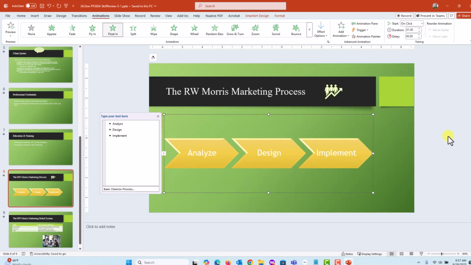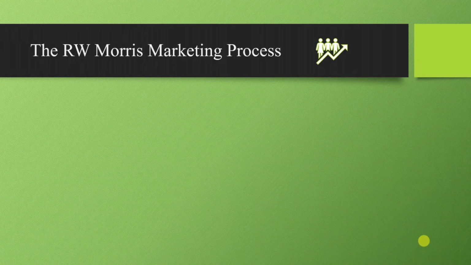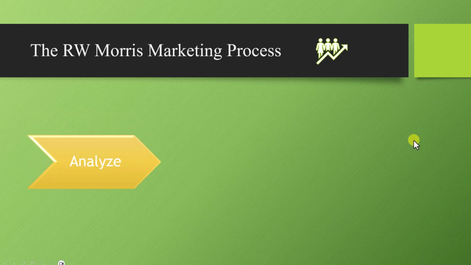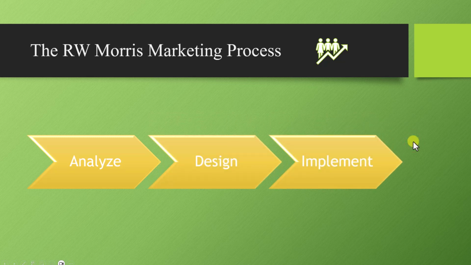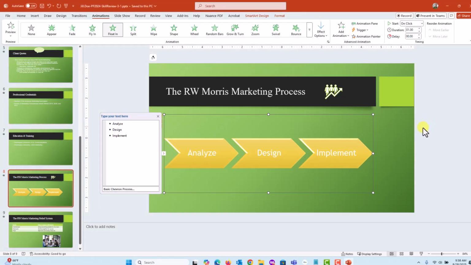Now, currently, the way our slide is set up, if I go into the show, I talk about the process, I click once, I talk about analyze, I click again, I talk about design, I click again, I talk about implement. And see how each one of those came down and fell into place? Excellent. Hit escape, for example, to exit your slideshow. And we're back. Save that. That was some excellent work.